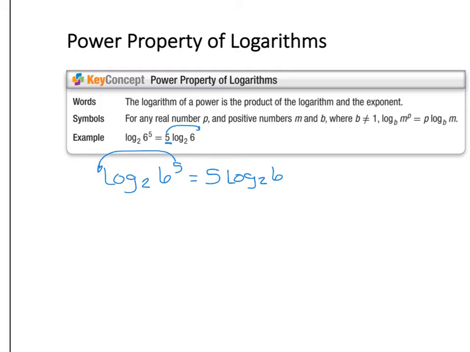So let's say we had something like this. We could have log base 8 of x to the 6th. We could rewrite that as 6 log base 8 of x.